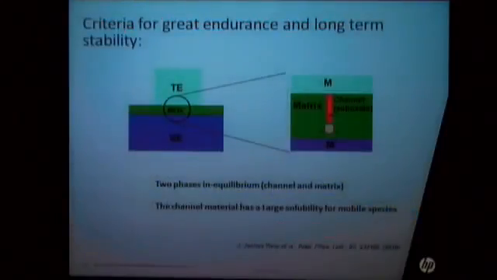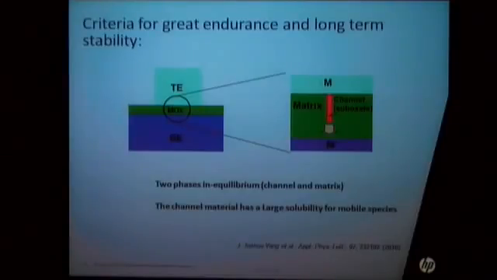So what are the criteria for material selection? As I said, in the switching device, you have a conductance channel. It's a suboxide surrounded by a stoichiometric insulating oxide serving as the matrix. So the first criterion is that these two material systems need to be in thermodynamic equilibrium, meaning the channel material and the matrix should not react even at high temperature induced by the Joule heating inside the device.